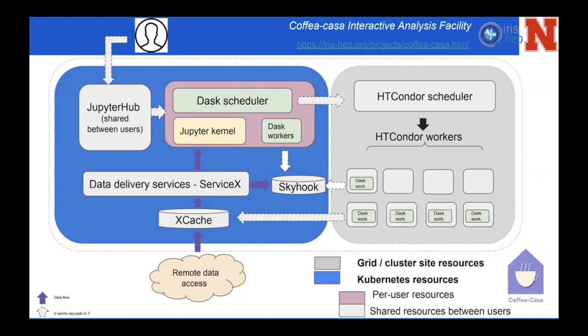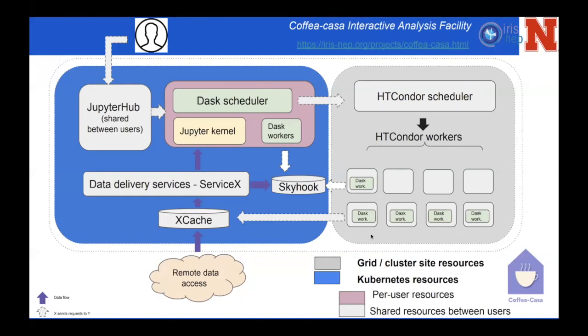There are Dask clusters, or Dask workers, for doing the compute, ServiceX for delivering the data, and JupyterHub for users. Users are physicists doing the analysis. So you can see Skyhook here in the middle.